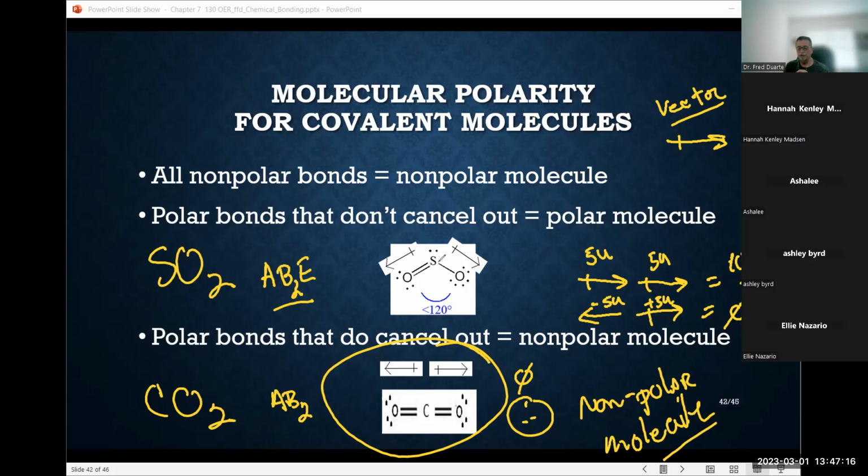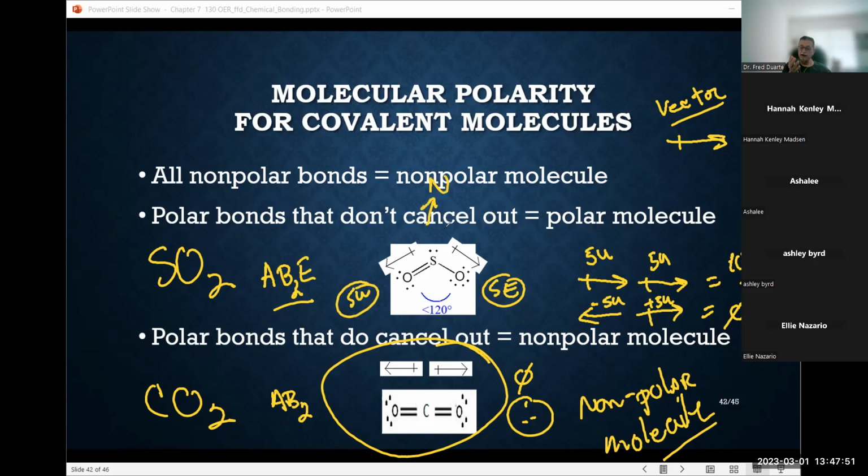But because of the geometry, notice that the arrow is going, if I needed to put a direction on it, in the southeast direction. Let's assume that this is north and then south, just like a normal north, south, east, and west. The bond on the left, the sulfur oxygen bond, is going in the southwest direction, totally different directions, resulting in those polar bonds not, I repeat, not canceling each other out.